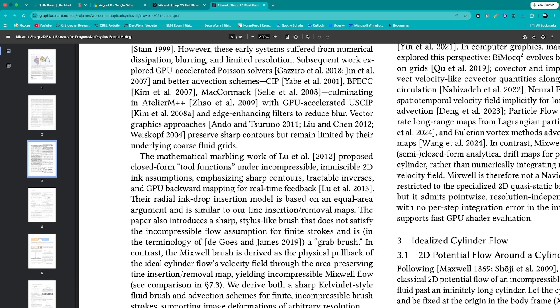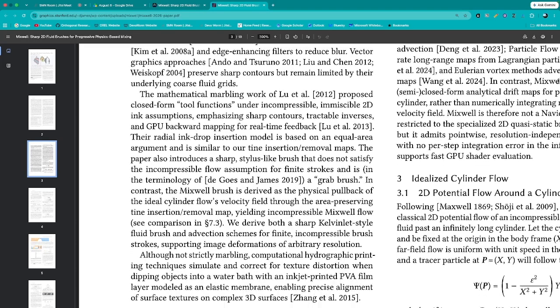This paper also introduces a sharp stylus-like brush that does not satisfy the incompressible flow assumption for finite strokes and is in fact what they call a grab brush. In contrast, the Mixwell brush is derived as the physical pullback of the ideal cylinder flow's velocity field through the area-preserving time insertion removal map, yielding incompressible Mixwell flow. And they compare that later in the paper.